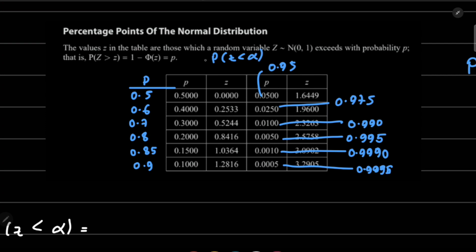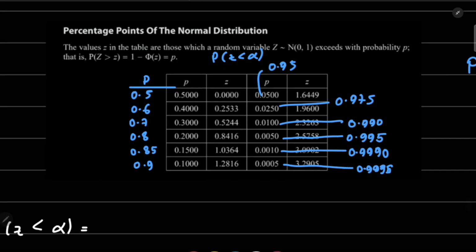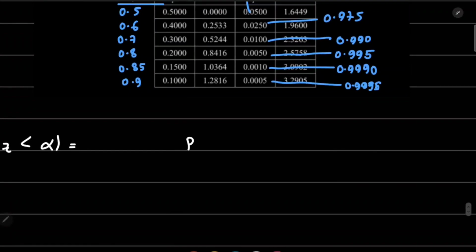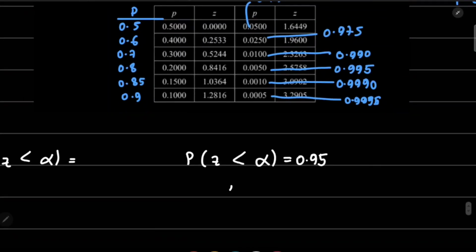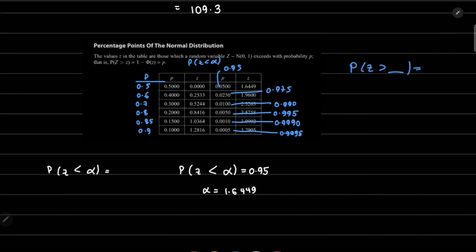The converted probability values are basically 1 minus the value of p on the table. So for example, if I'm given a question where I have to find z less than alpha is 0.95, I'll consider this value over here. So the value of alpha will be 1.6449. We use this table when the value of probability is one of these 12 values.